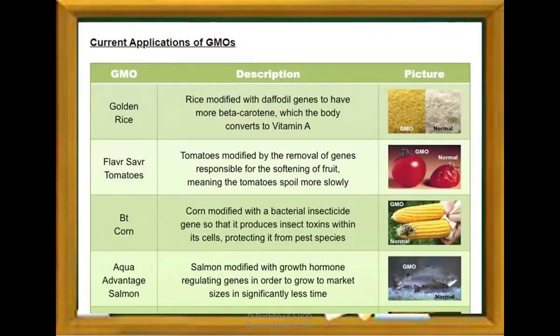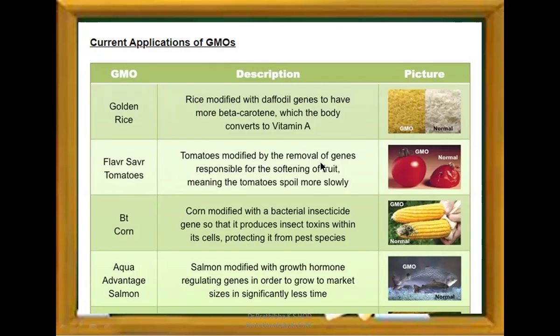Current applications of genetically modified organisms: golden rice. Rice modified with daffodil genes to have more beta carotene, which the body converts to vitamin A. This is the normal rice and this is the genetically modified rice. So we can say golden rice is an application of biotechnology. Then another one, flavr savr tomatoes.